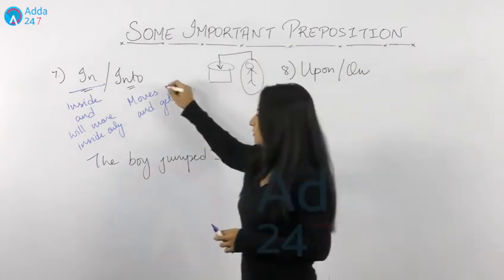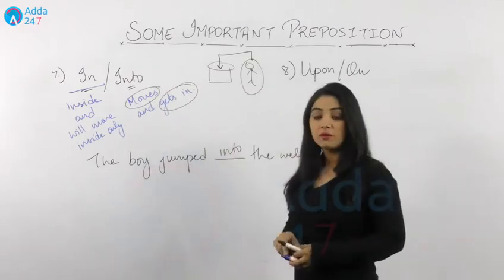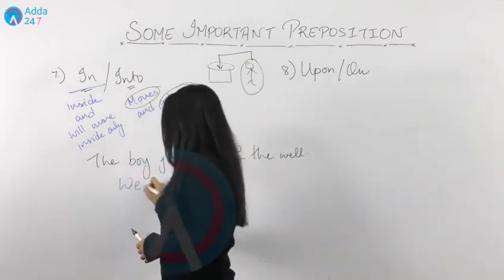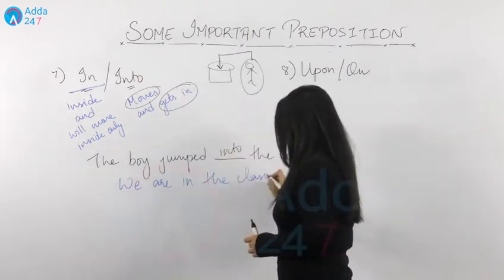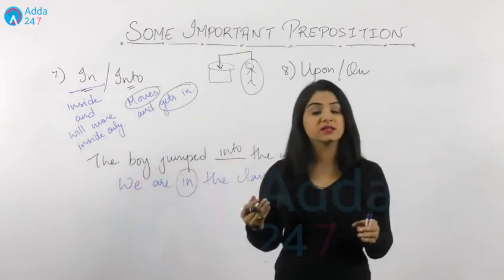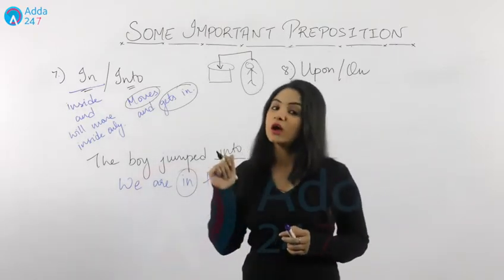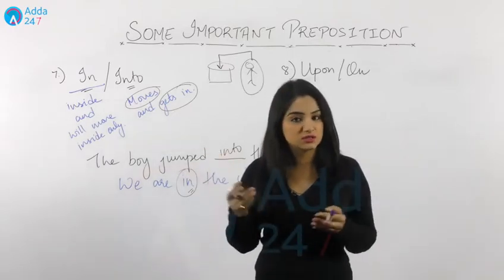Which means if something moves and gets in something, we use into there. But if we say, we are in the class. So it means we are in the class, we can move inside the class, but we cannot move out. So in can be used when you are in the closed surface.